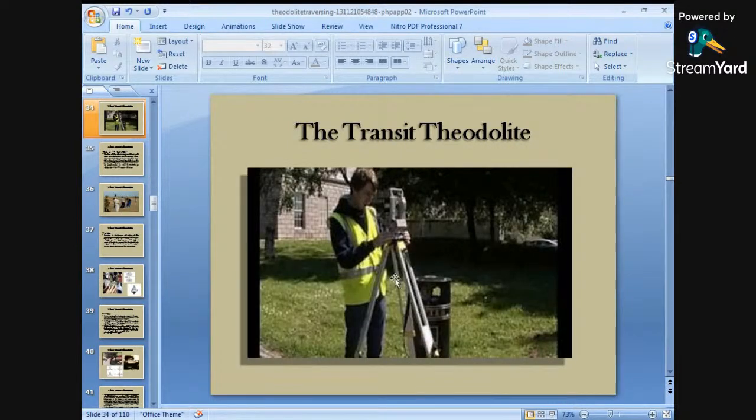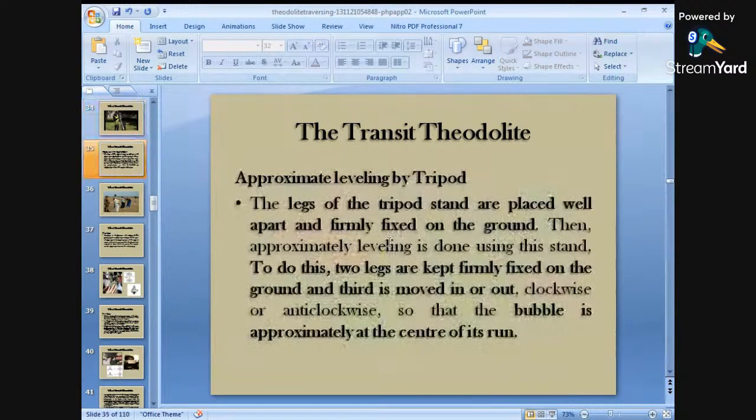After that, this is the first position. You can see that there is a tripod stand on which a theodolite has been mounted. Then first you will have to perform approximate leveling with the help of the tripod stand. The legs of the tripod stand are placed well apart, firmly fixed on the ground. Then approximate leveling is done using the stand.